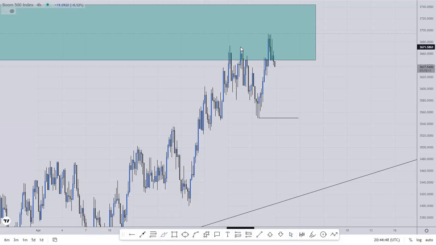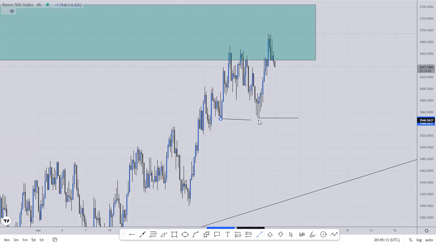I got it around this zone, based on lower time frame confirmations. The first confirmation was this major zone that I saw on the daily. The second was lower time frame confirmation, which was 15 minute, 30 minute. Once I got the shift, that's when I said, guys, let's sell. The sell was valid, even though the market failed to break this higher low.